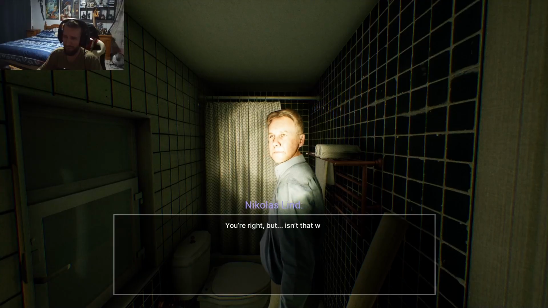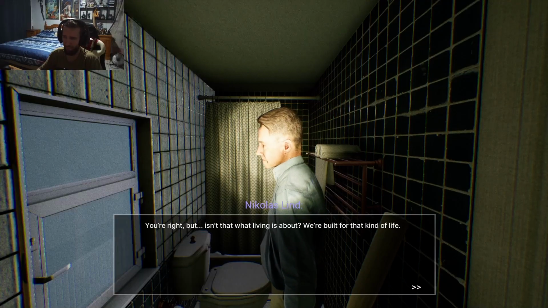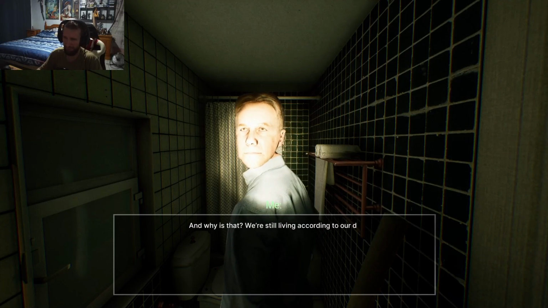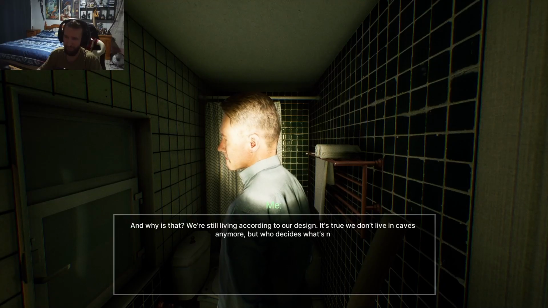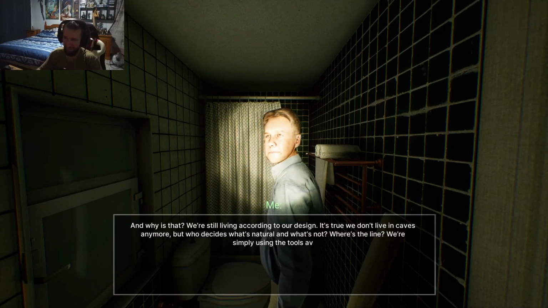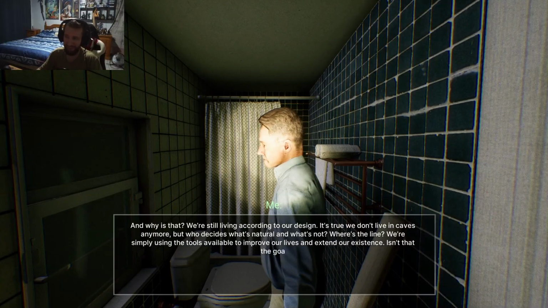You're right. But isn't that what living is all about? We're built for that kind of life. And why is that? We are still living according to our design. It is true we don't live in caves anymore, but who decides what's natural and what's not? Where's the line? We have simply used the tools available to improve our lives and extend our existence.